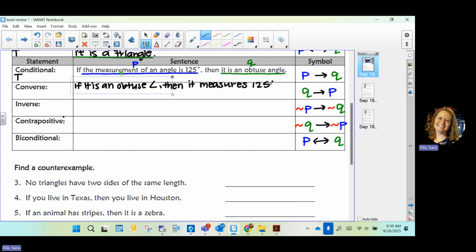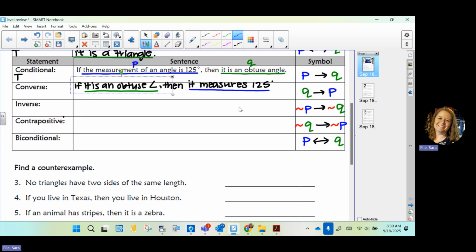I changed the wording slightly just to make it fit better, but the concept is the same. 125 degree measure and an obtuse angle. So that's the gist of the P and the Q. So if it is an obtuse angle, then it measures 125. Is that true or false? Every obtuse angle is 125 degrees?